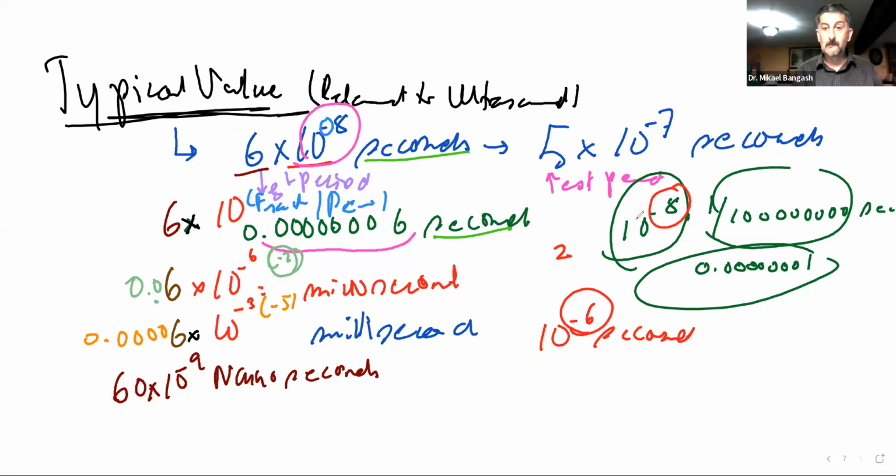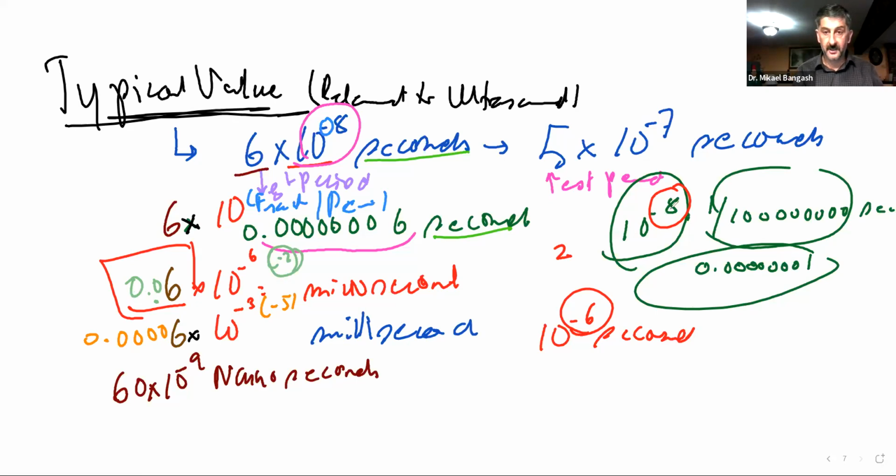Because this is just one decimal place lesser than a nano. Or we express it in a bigger unit, so you just divide the basic number here, and you end up with a smaller number.